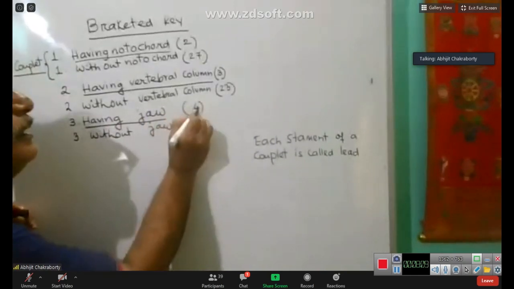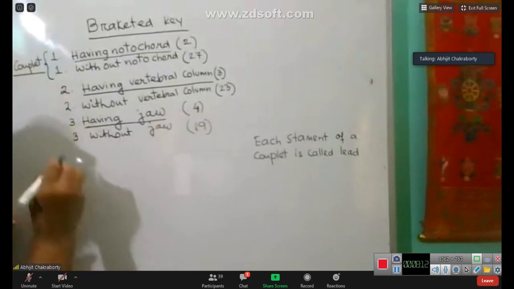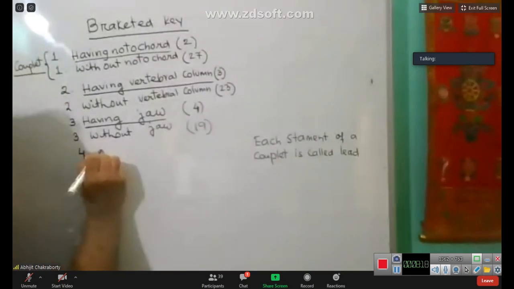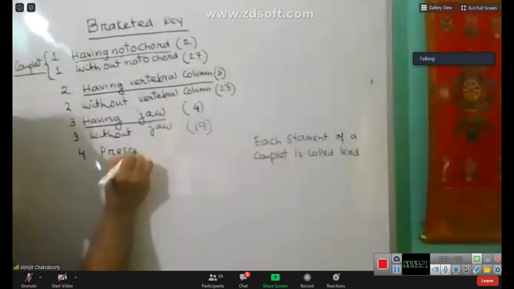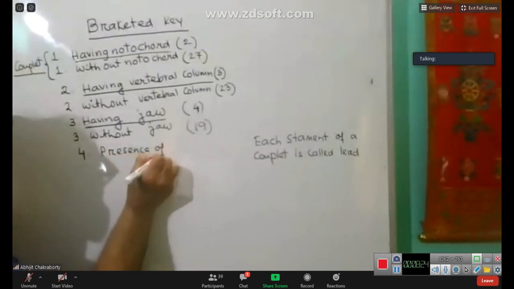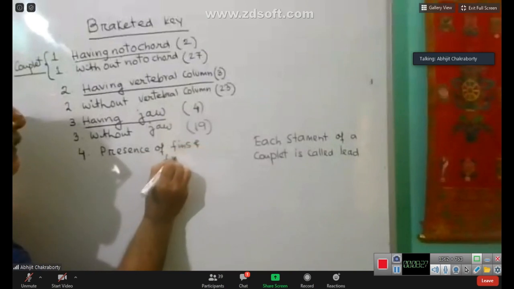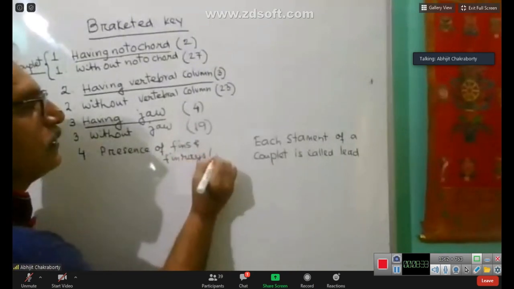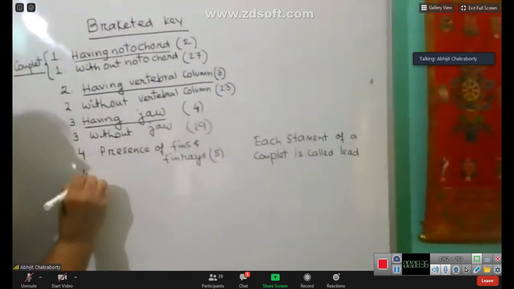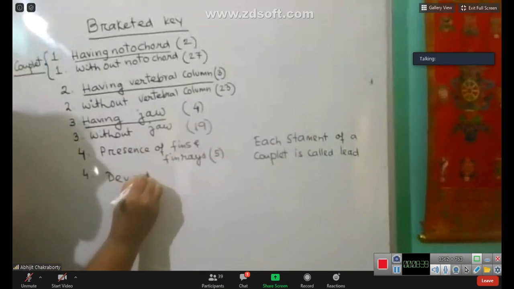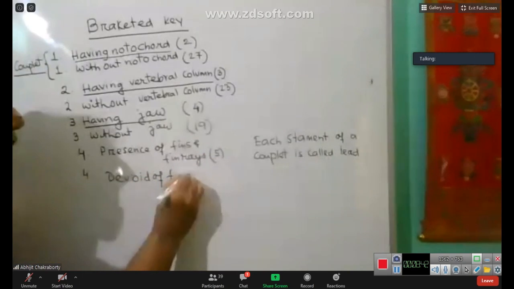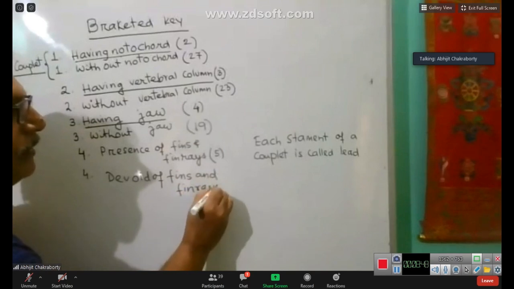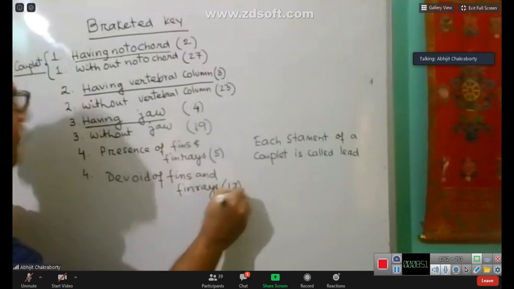By following the number given in bracket, it is 4. So you have to see what is in 4. Suppose it is having fins and fin rays, here written 5, and devoid of fin rays, suppose it is 17.